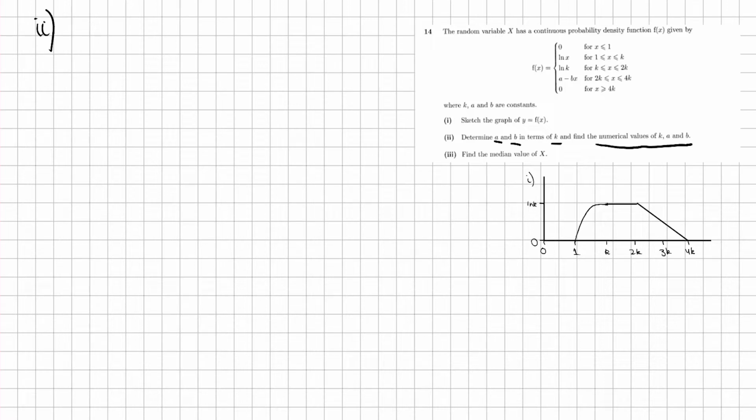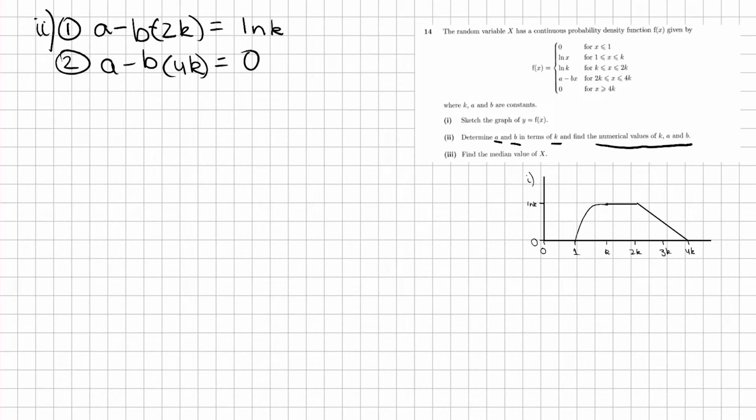So we can use that to make a system of two linear equations. So a minus b at 2k is equal to the natural log of k. That can be our first equation, and our second equation, a minus b at x equals 4k is equal to 0.